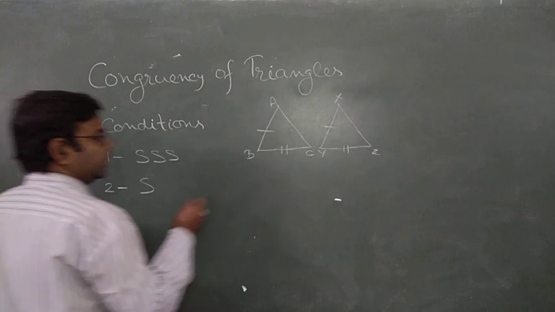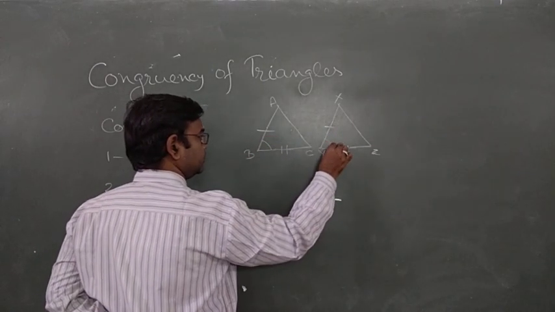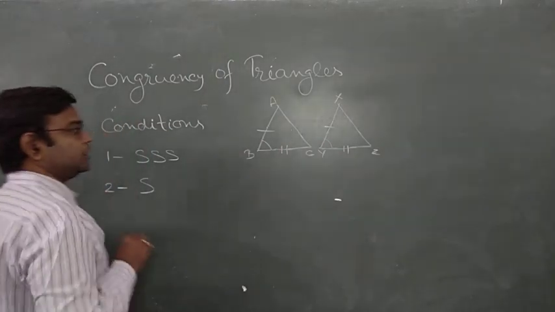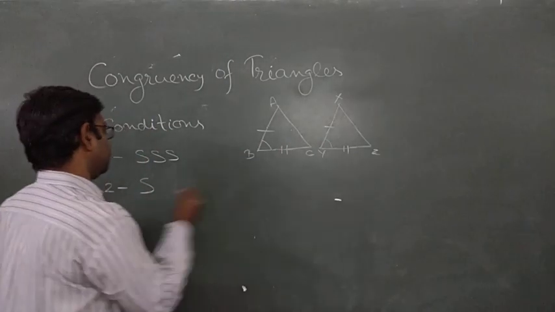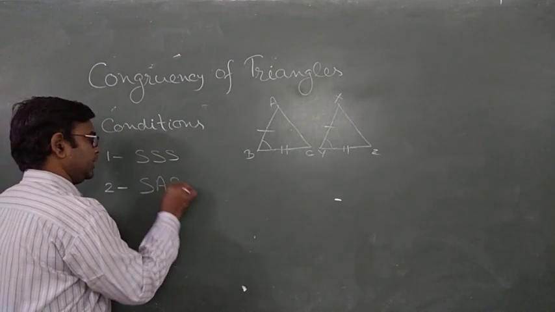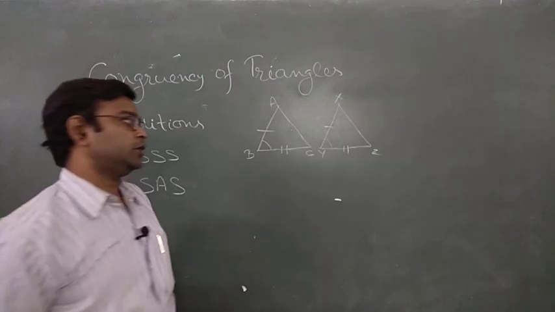Clear? An angle between them, this angle, are equal. These two angles are equal. Then we can easily say that the triangles are congruent, and this property is known as side angle side. Always use capital letters. Side angle side congruency.